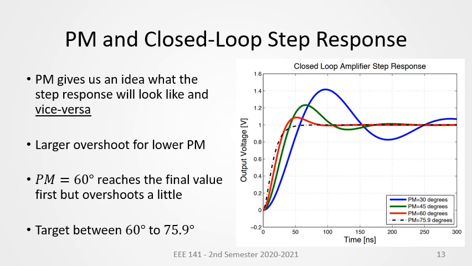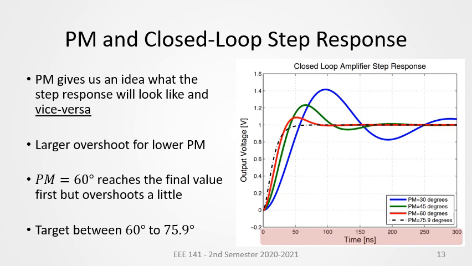Thus, if a fast response is needed, then a good target for the phase margin will be somewhere between 60 degrees to 75.9 degrees. Beyond this, a smaller or larger phase margin will result in a response that is slower. Additionally, if a smaller phase margin is used, the ringing becomes larger.